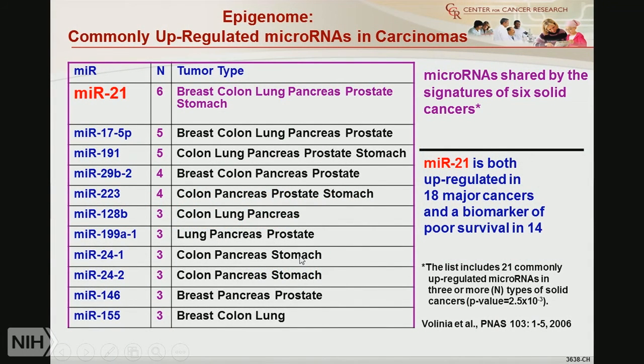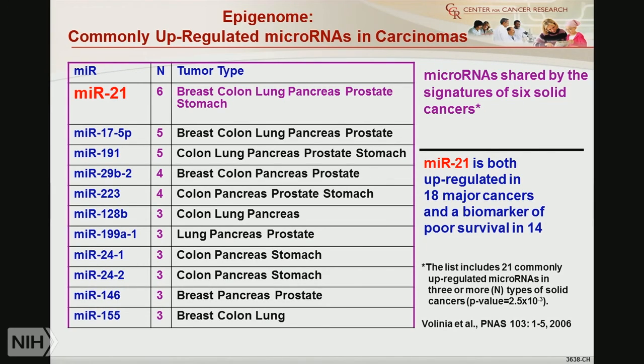That led us to do a collaboration with the Croce lab to ask the question, well, of the major types of human cancer, which of the microRNAs are mostly overexpressed? So we did a fairly large study of breast, colon, lung, pancreas, prostate, and stomach cancer, and analyzed at that point, there were only about 280 microRNAs known.